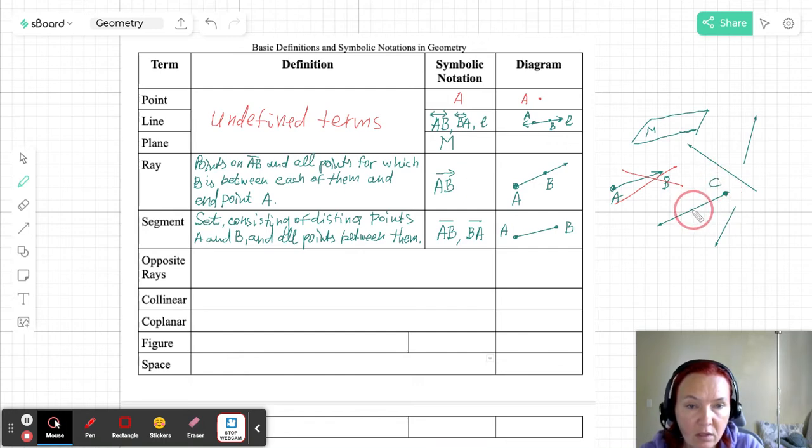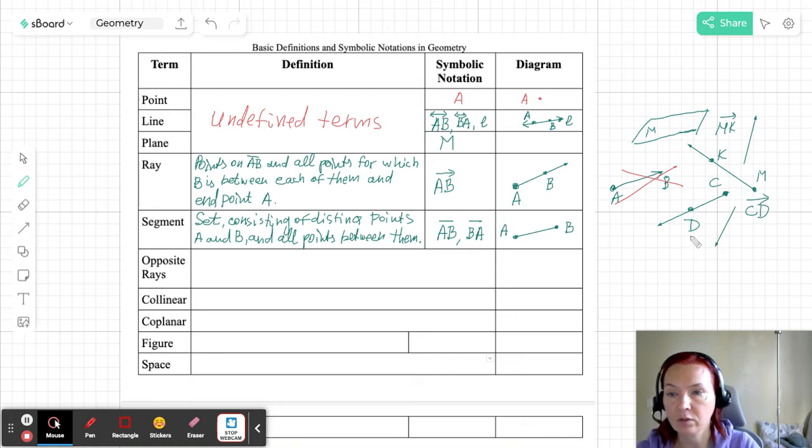Let's say this is C, and then you pick a point somewhere on the ray, D, and you say this is my ray CD. This ray is going to be called ray MK. I find the starting point and then a point somewhere on the ray, and I always start with the endpoint.